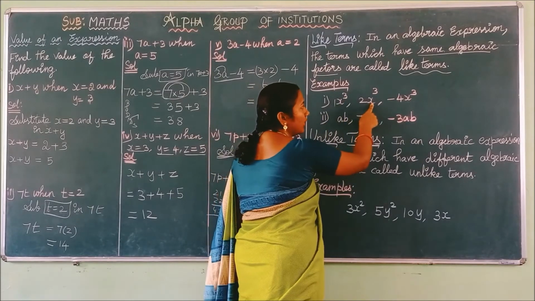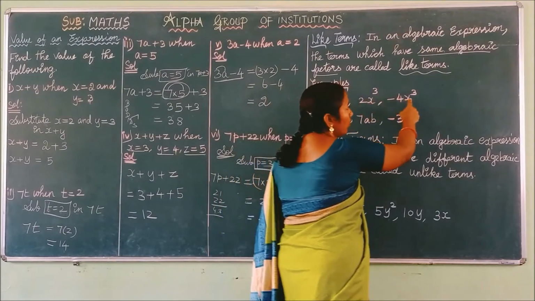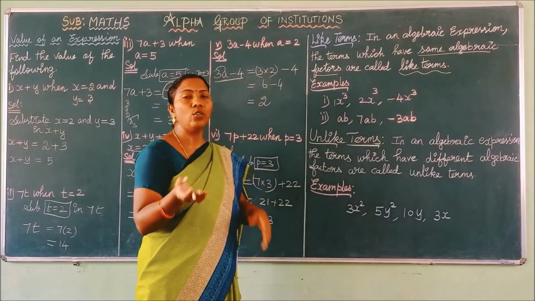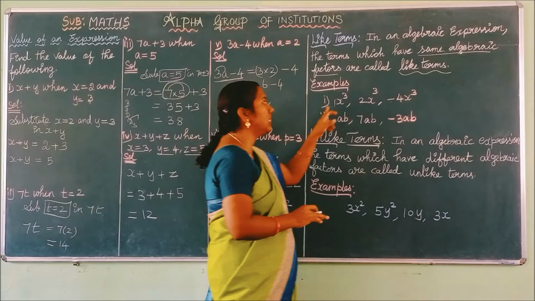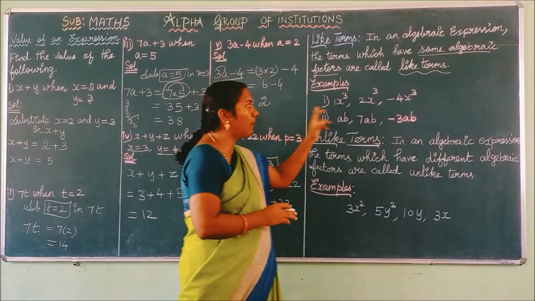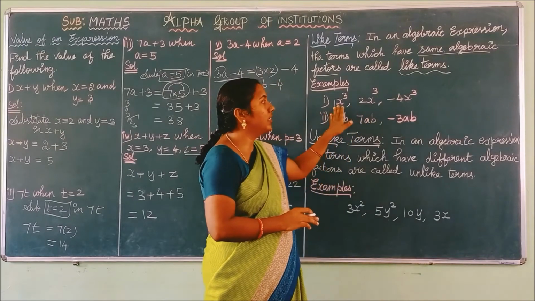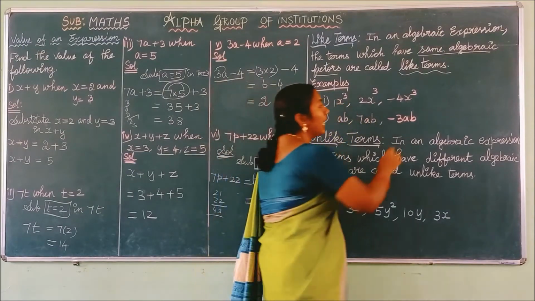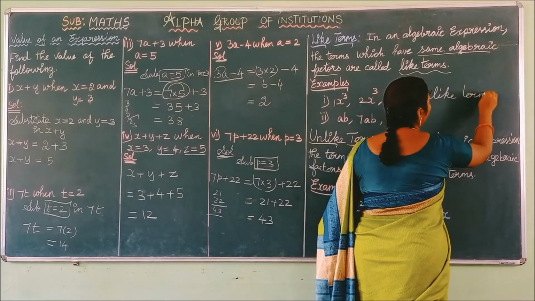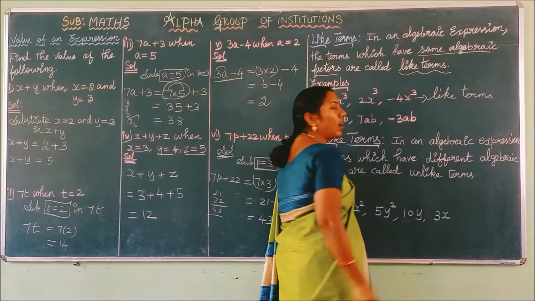Here? 2. Here? Minus 4. Though they are different in their coefficients, they have the same algebraic factors, that is the same variables with the same powers. So we call these terms like terms.